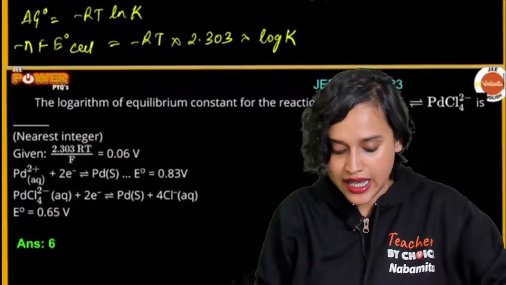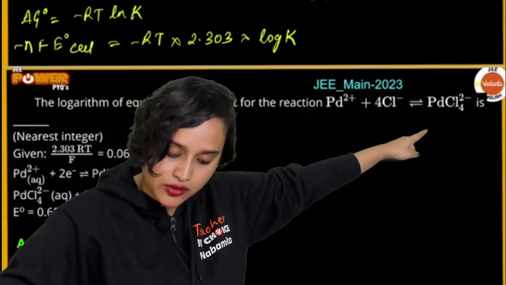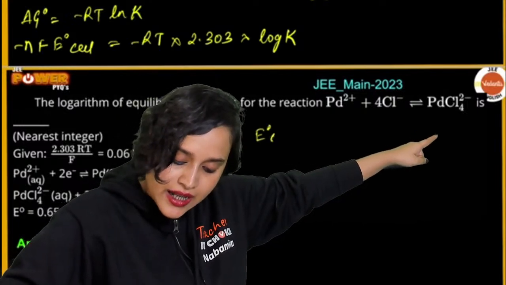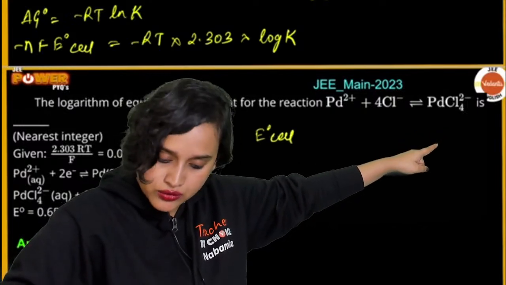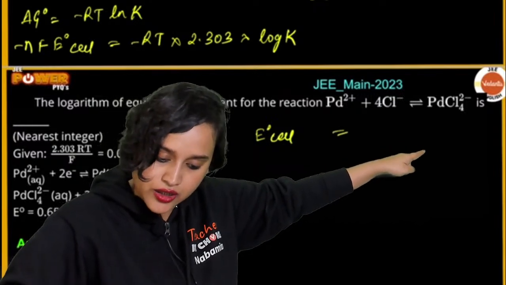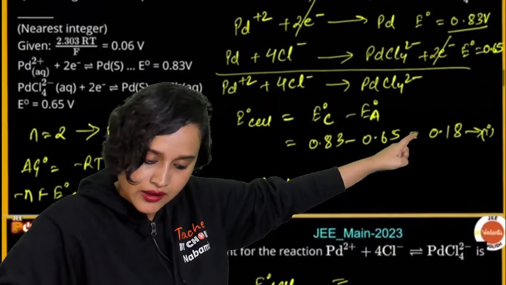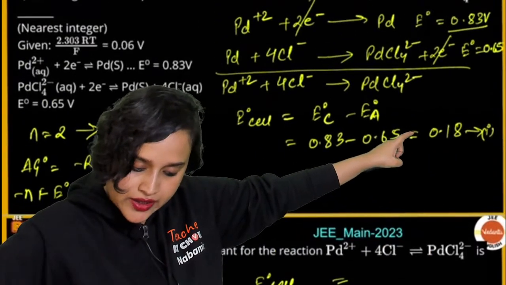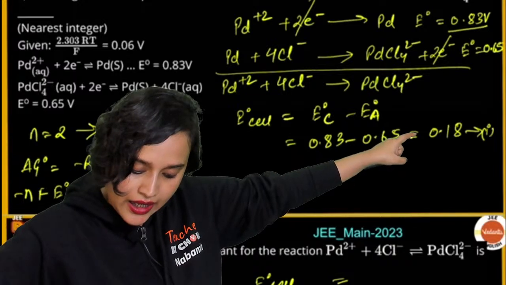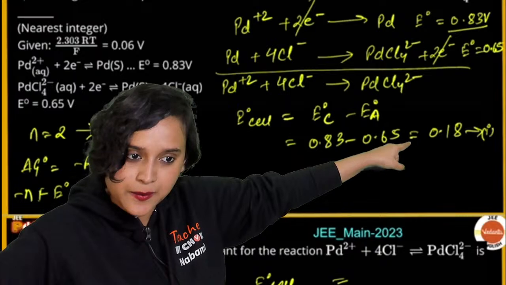Now, if this is the case, I'm continuing here, everybody. Please check it out. So that means E naught cell is equal to minus RT into 2.303 by nF times log K. And RT by F, if I bring here, that will be equal to 0.06, right?